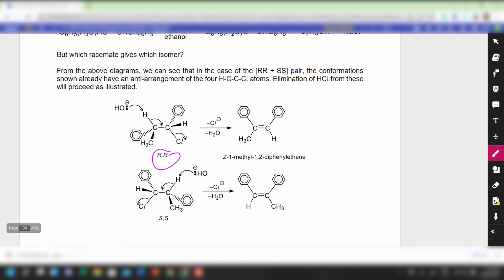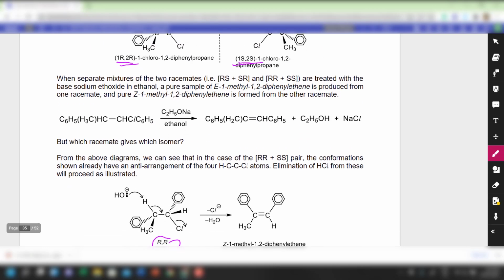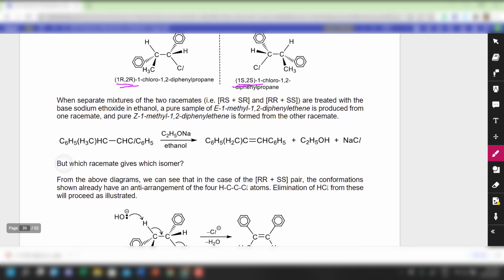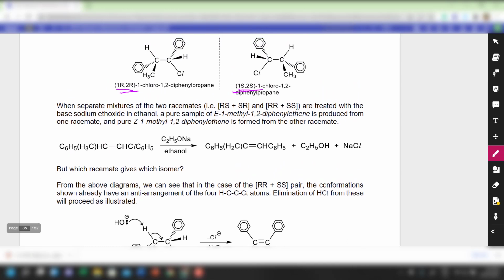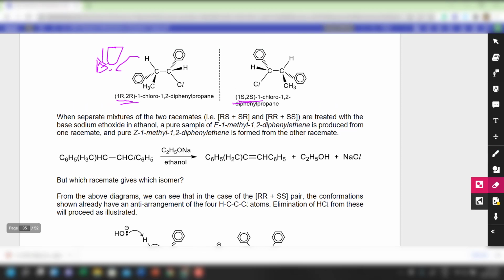So the RR and SS is represented here. So in this case we don't need to do a bond rotation. We can just perform elimination like this. So the base, sorry, I think the pen is not working very well. I don't know why when it's at the top it just scrambles.